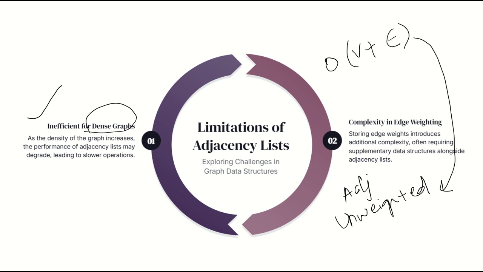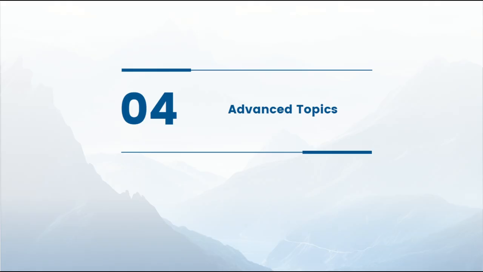If we put another edge weighting constraint in the graph, the space complexity will increase. It will slightly complicate the problem, because mentioning the distance or cost on the edges will increase not only the space complexity but also the complexity of searching for an edge. So that is also a slight limitation of the adjacency list, I suppose.